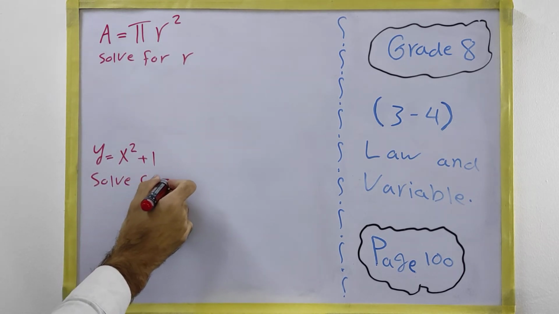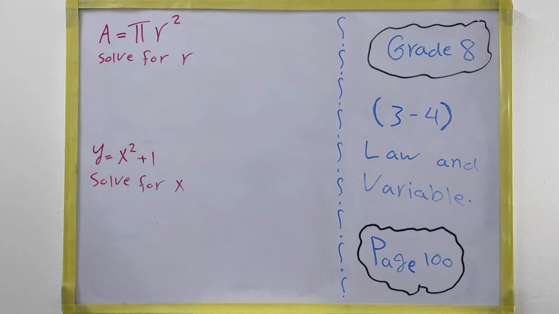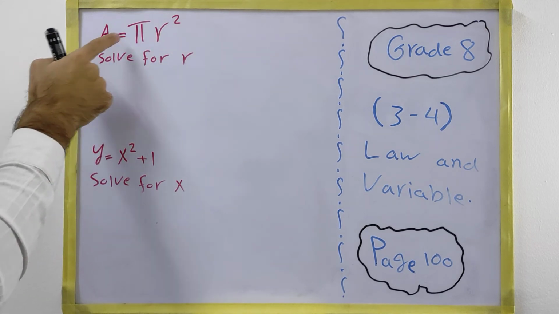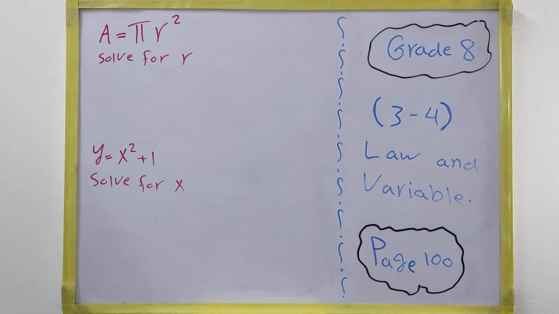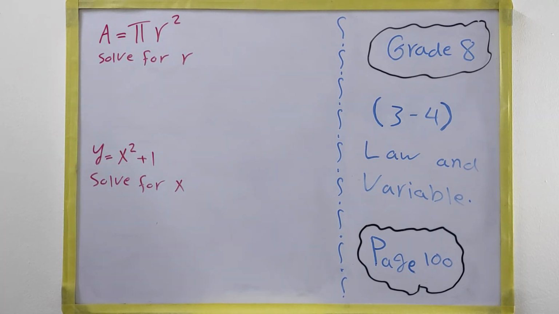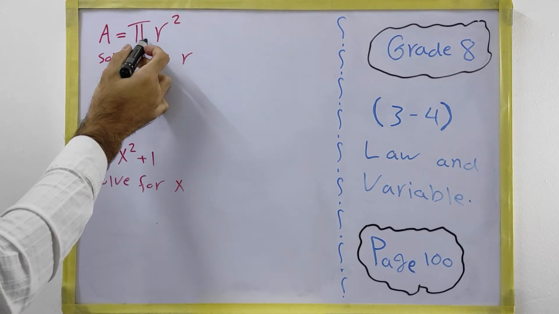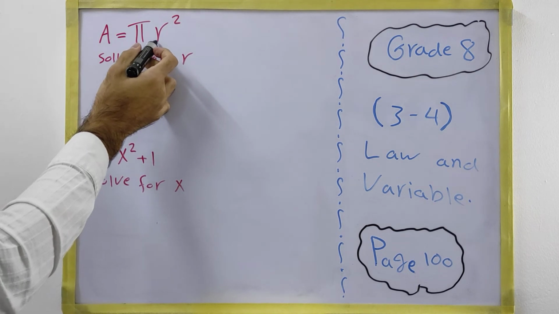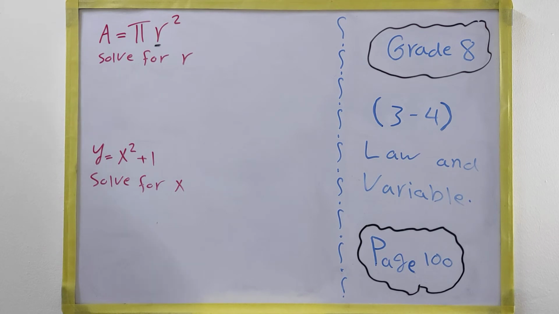Solve for x. In the first one that asks us to solve for r, at first we know that in the equation we have more than one variable, which are a and r. We have to solve for r. But if we look, we don't have any plus and minus between them. In this case, we said whenever we don't have plus or minus between them, whatever we have with the unknown value that we solve for, we divide both of the sides by the same thing.